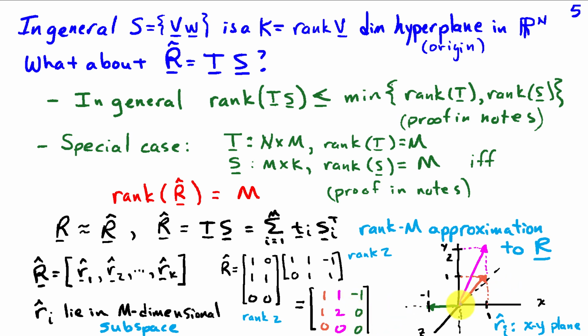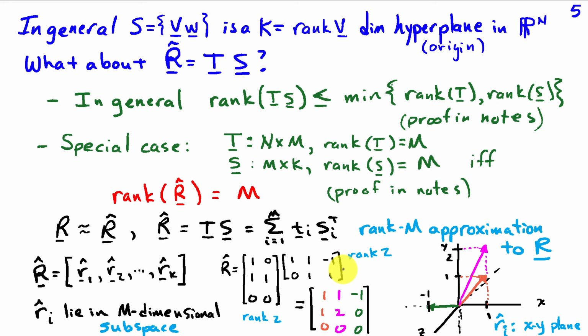So I've graphed these 3 vectors representing the 3 columns of R hat, and you see that they are confined to the XY plane because the Z component is always 0. These 3 vectors lie in a 2-dimensional space.